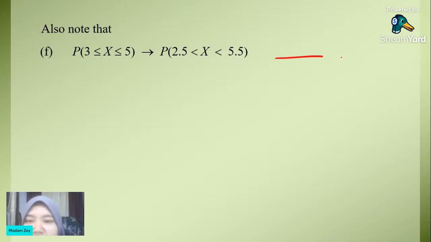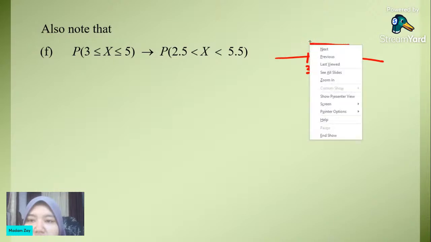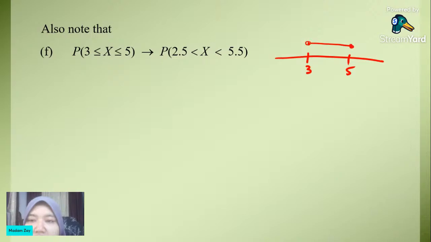Okay, so let's see on the number line. 3 to 5. So we want to include 3 up to 5, right? So we have to include both values. So what we need to do is to hug them from outside. So here is 2.5 and a bit more than 5, which is 5.5. So after the continuity correction, it will be probability of x from 2.5 to 5.5.